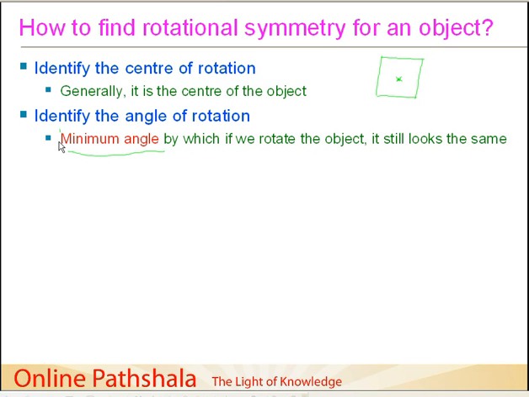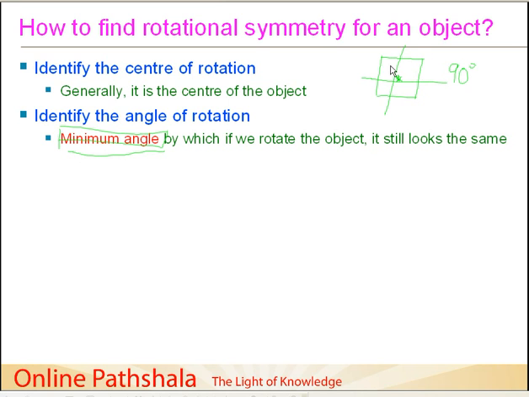This minimum angle is extremely important to note. The reason why we said 90 degrees is because 90 degrees is the minimum angle. Sorry for these lines going in a different direction, but you get the sense of it. The minimum angle by which I rotate the square and it still looks the same is 90 degrees.